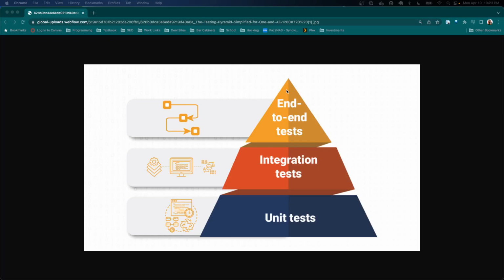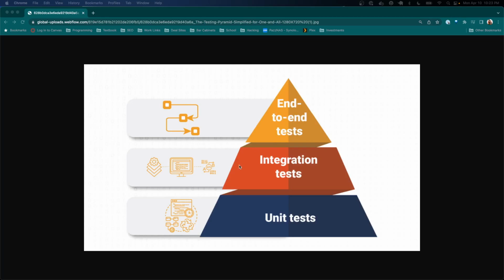Every aspect of the system from end to end. That's the idea, from one end of the system to the other, to make sure that a piece of functionality works. And it's a very difficult type of test to do because it's so thorough and so all-encompassing.